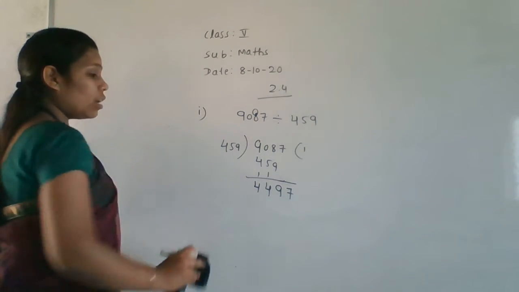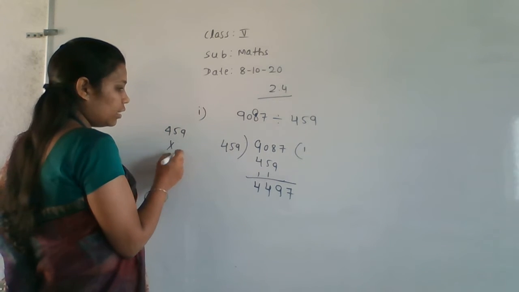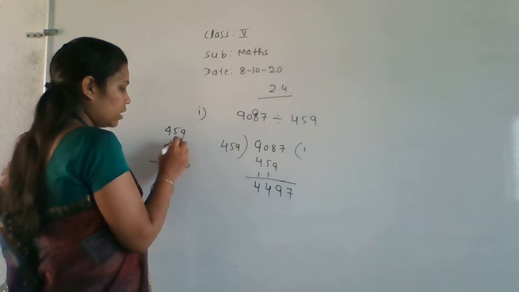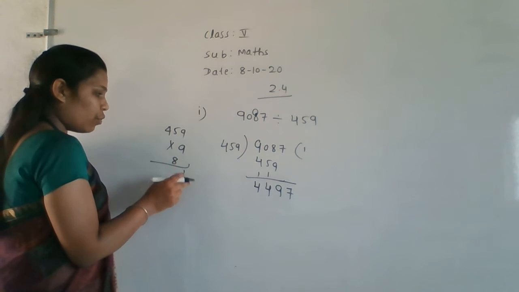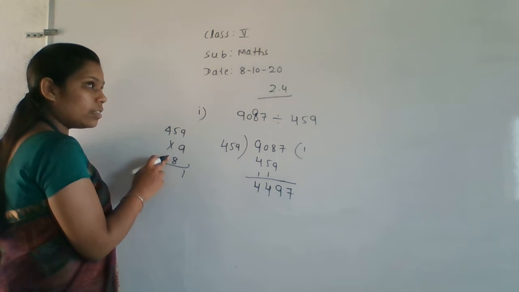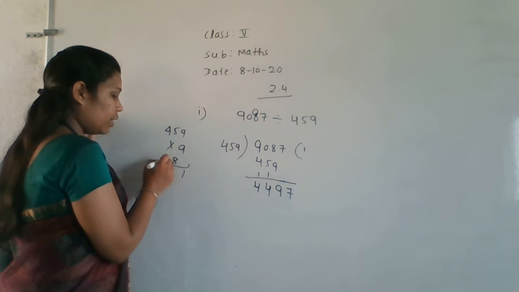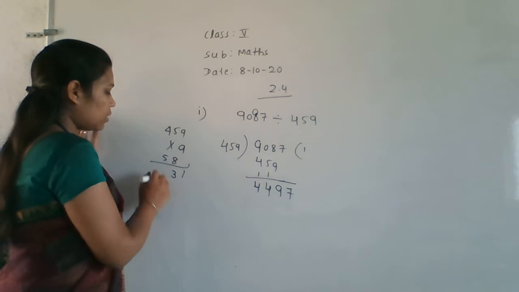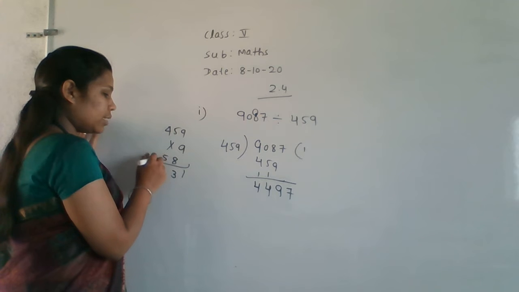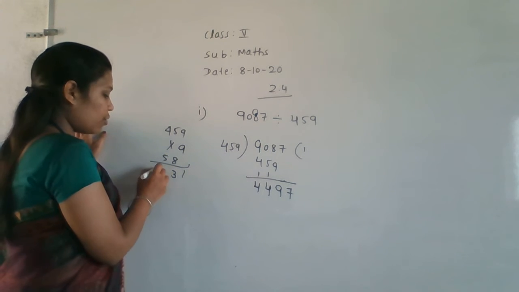Now check for the 459 into 9. 9 nines are 81. 9 fives are 45. 45 plus 8 is 53. 9 fours are 36. 36 plus 5 is 41.